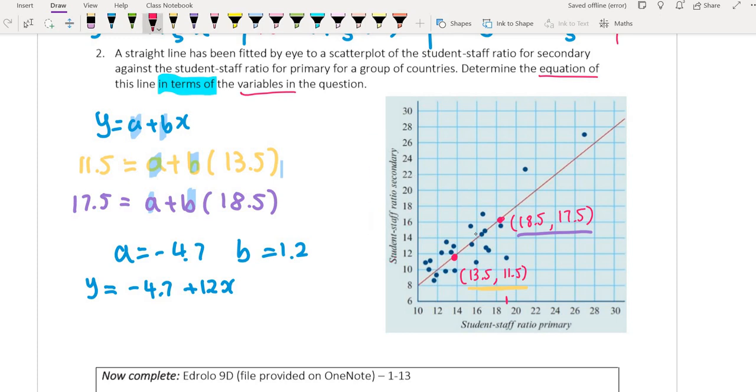So I might just call it secondary for y. So the staff and student ratio in the secondary schools. And for the x variable, let's call it primary, the staff and student ratio in the primary schools. So that will be the final answer.